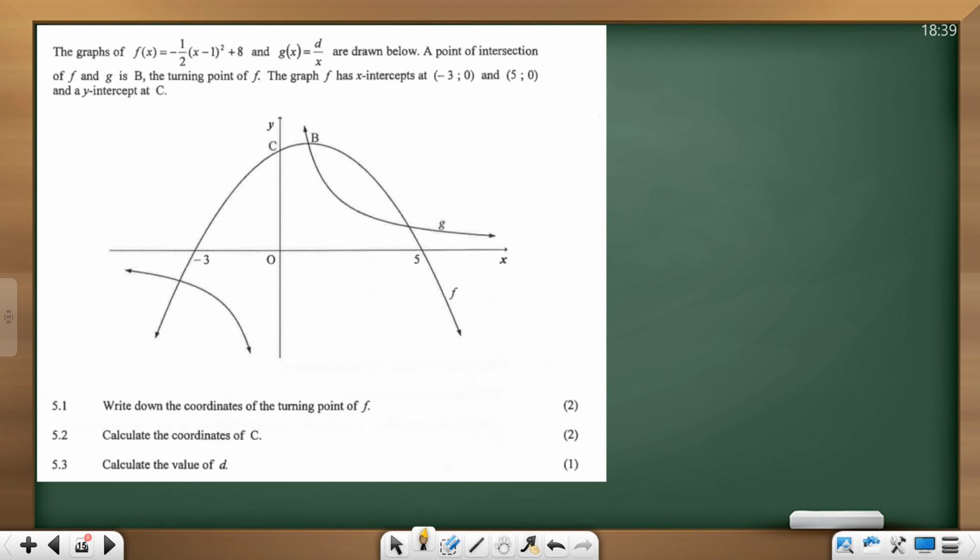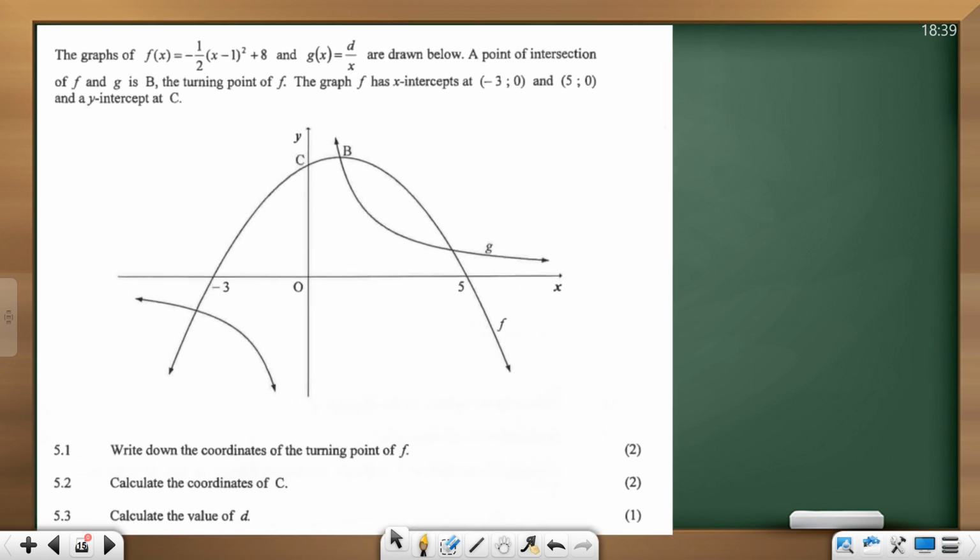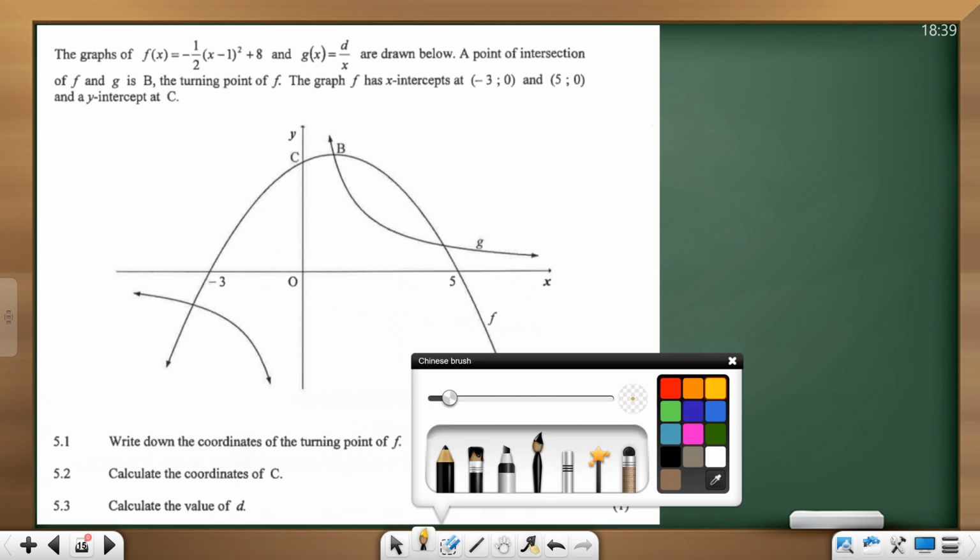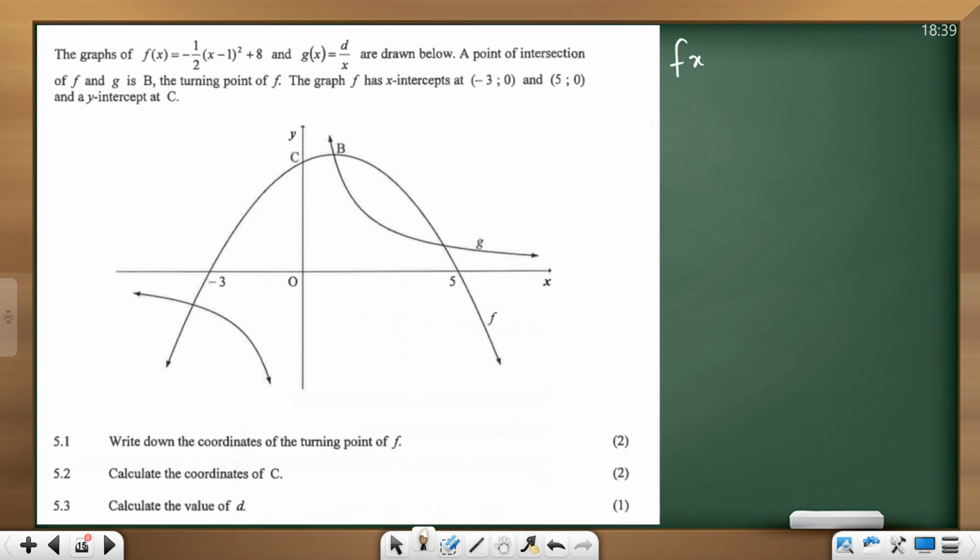Check what they're giving us now. Look at f of x. What is it that I can pick from here? F of x equals what? I can pick a few things from here. First thing I can pick: a is negative.